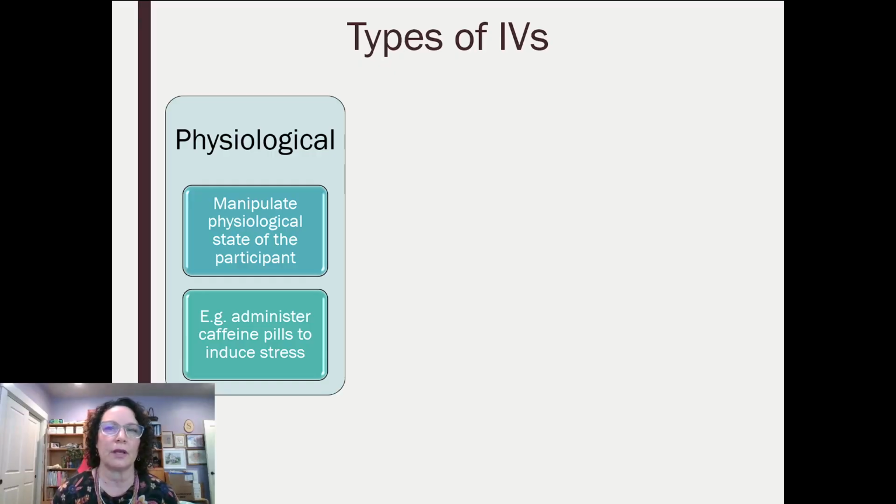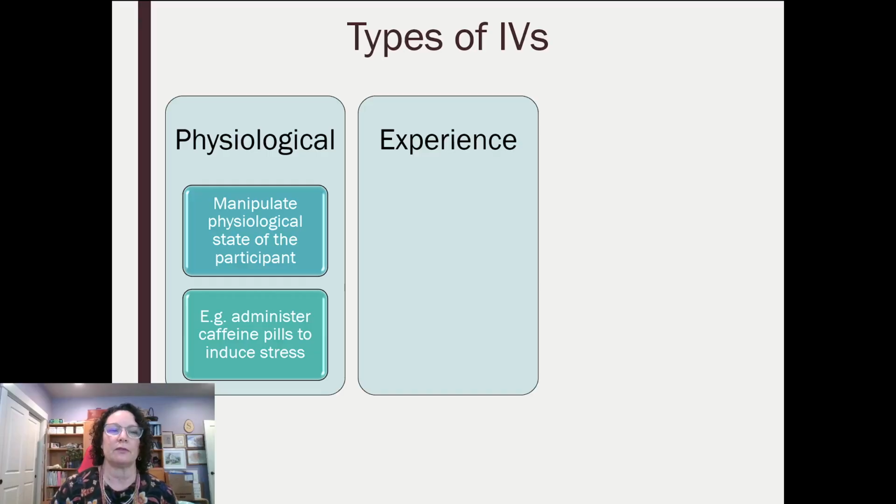So we can use something like a drug to change the physiology of the person so that then we can move on with whatever else we're doing. So physiological, this would also include research where we deprive people of sleep, for example, or we wake them up every time they go into REM sleep. That would be another example where we're, with the purpose of depriving them of something physiological like sleep, right? So that would be an example of a physiological.